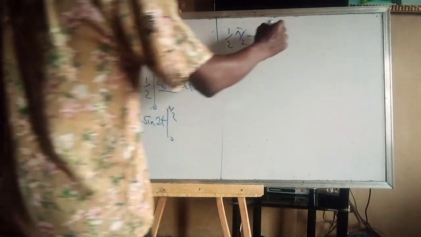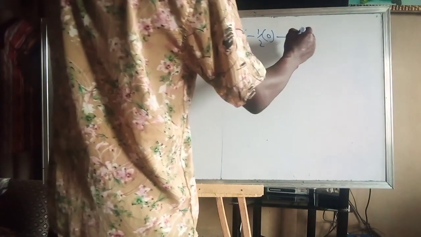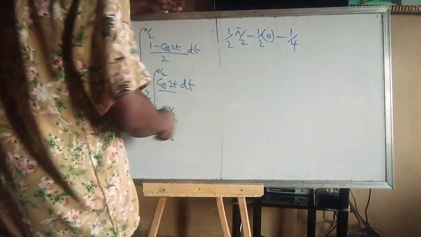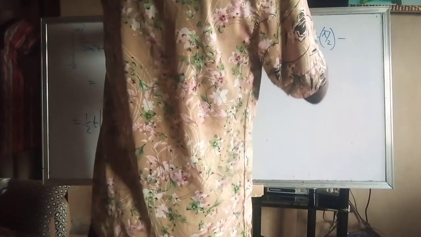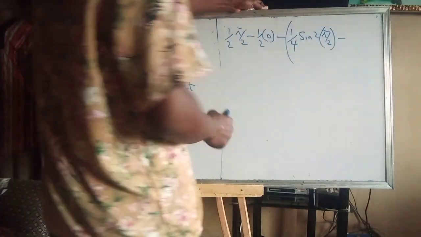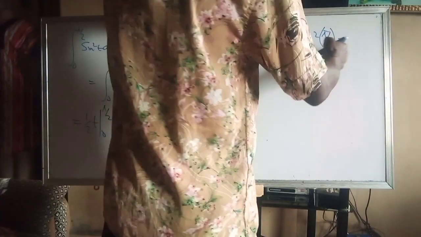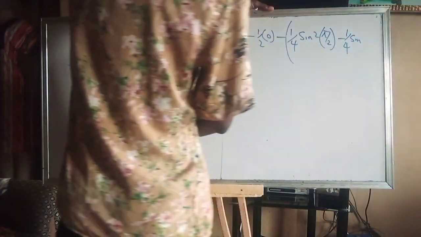Then minus 1 over 4 sine 2 times pi over 2. Minus, you could decide to do it like this so that you won't have any issue, 1 over 4 again, sine of 2 times 0.